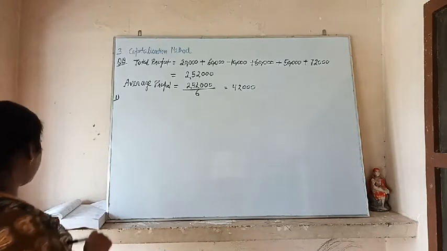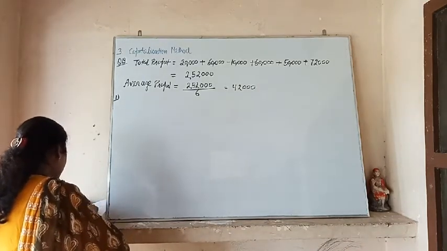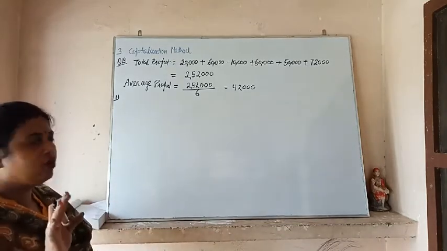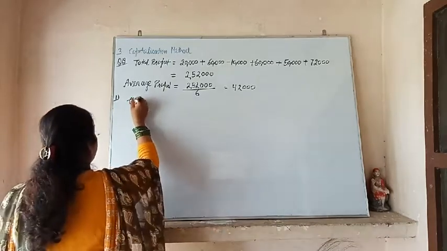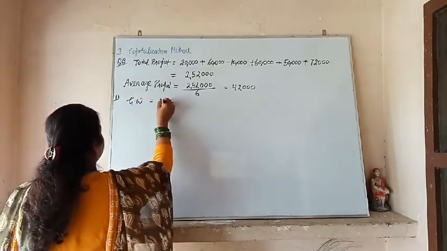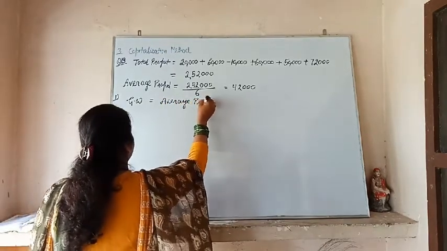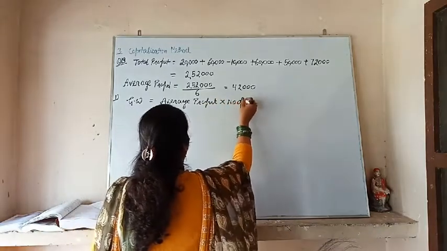What has the first question asked? Calculate goodwill on 4-year purchase of average profit. So goodwill in case of average profit is equal to average profit into number of years purchase.